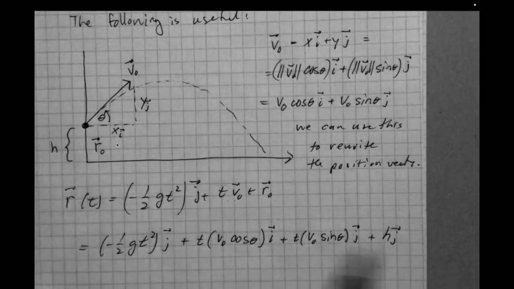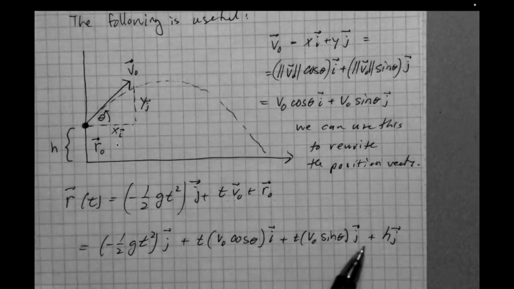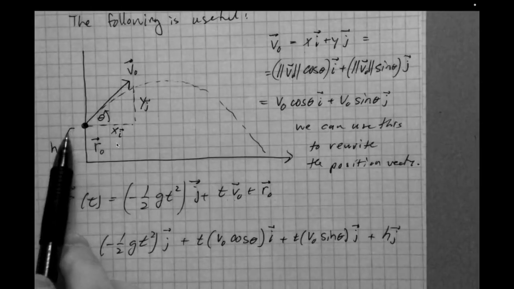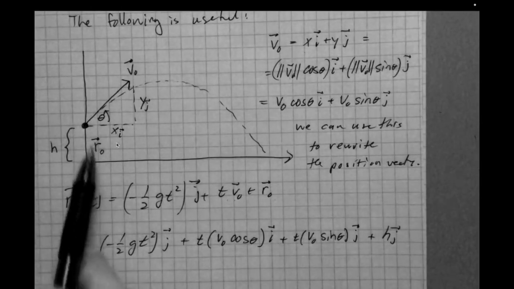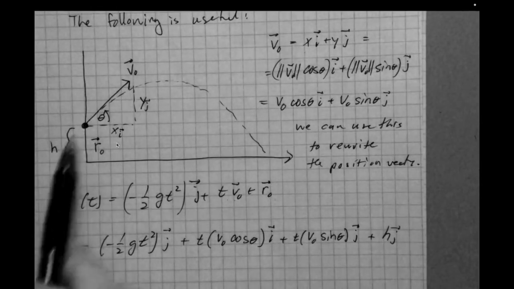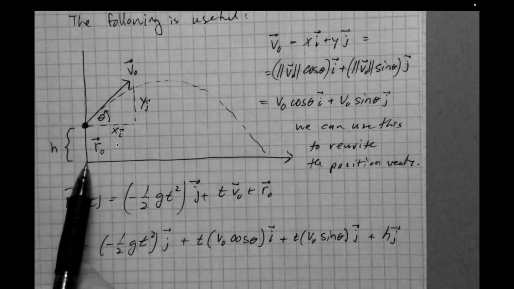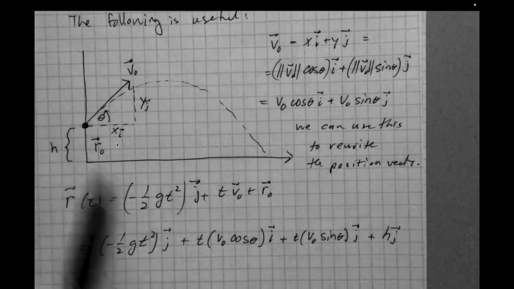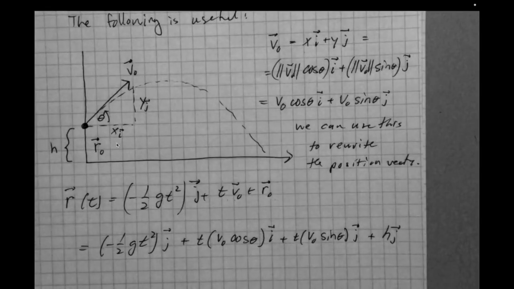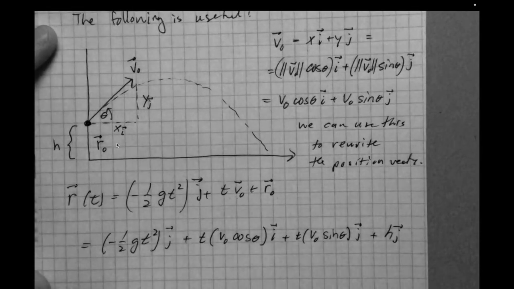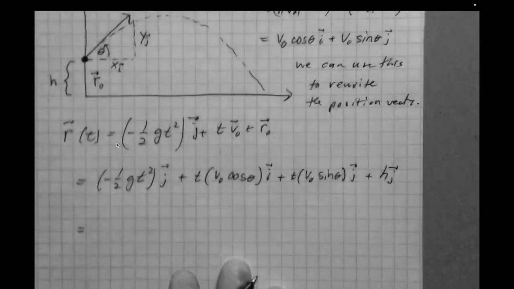That piece I kind of omitted, but you can see that now. h is just the height that's initially given to you. r naught is the initial position, and so the initial position is 0 on the x-axis and h on the y-axis, so that's why it's h times j. Then we can combine some of this to make it a little more straightforward.